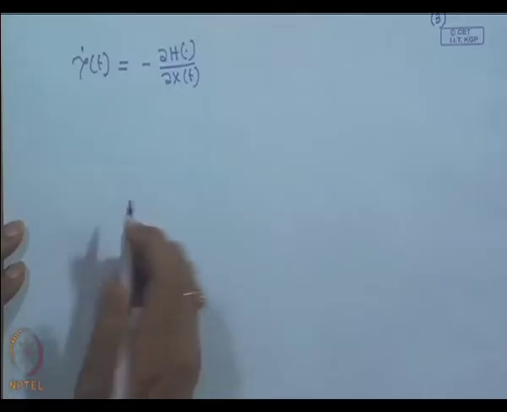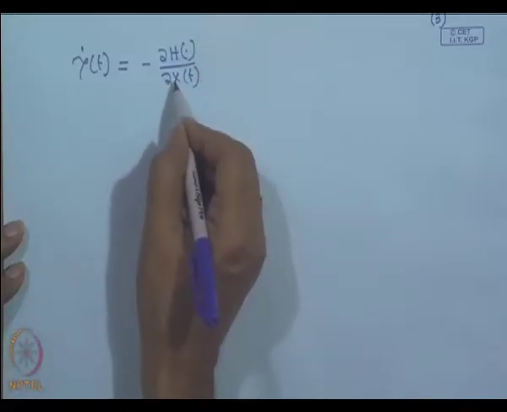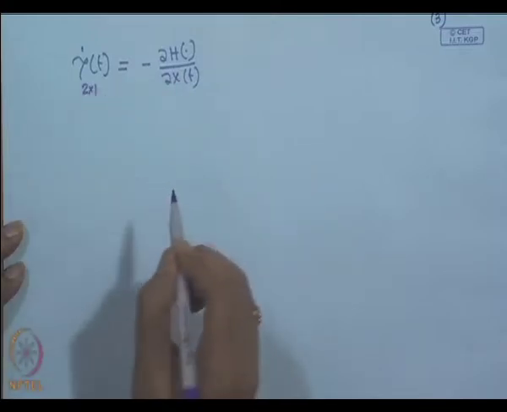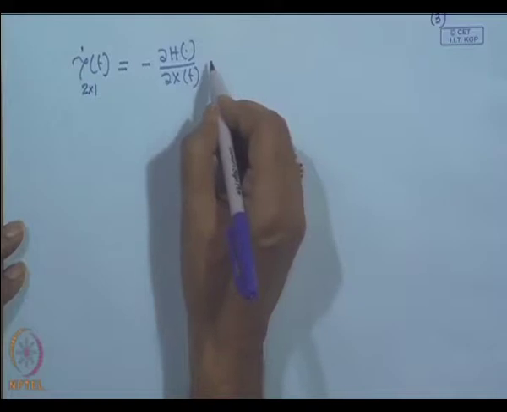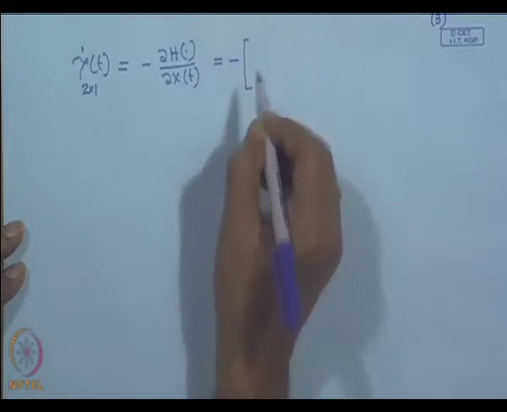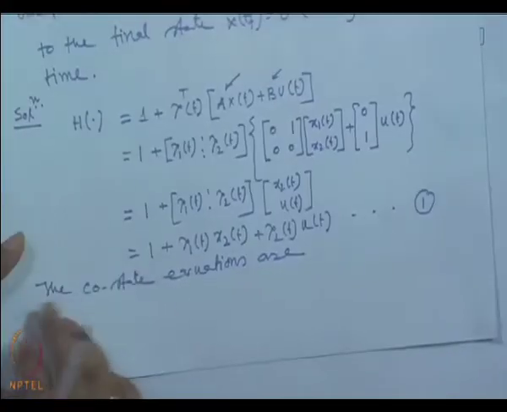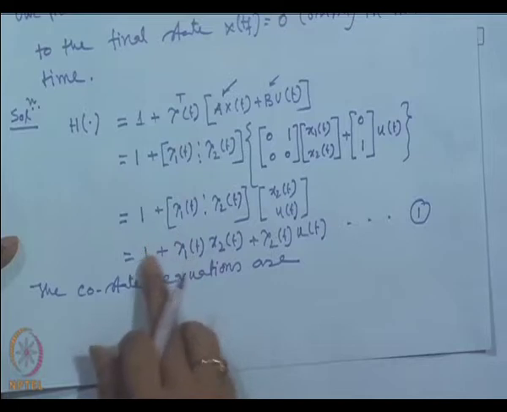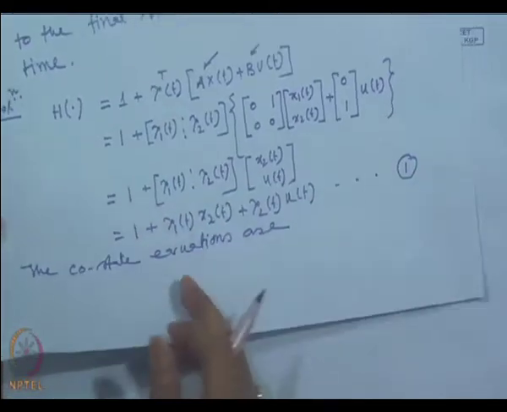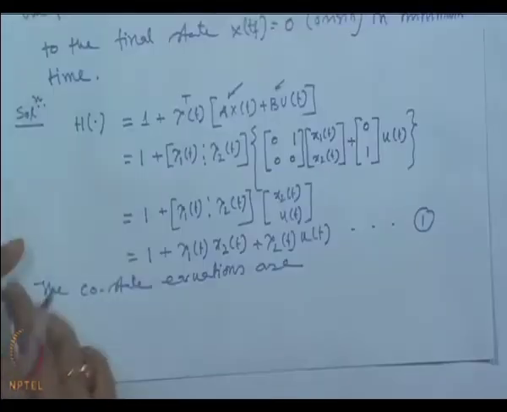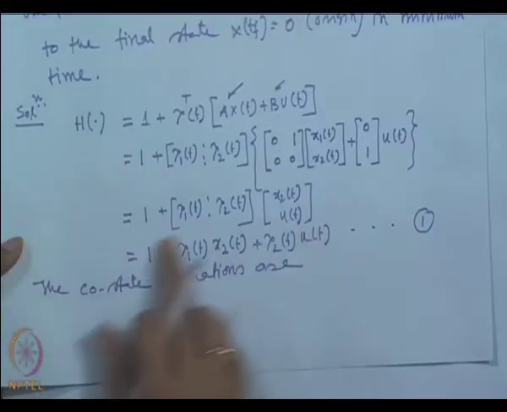This x has a dimension of 2, so lambda also has a dimension of 2. We can write it further as minus the gradient of the H function, differentiating with respect to x. There is no x1 term involved in expression 1, so that will be 0. Then differentiate with respect to x2.